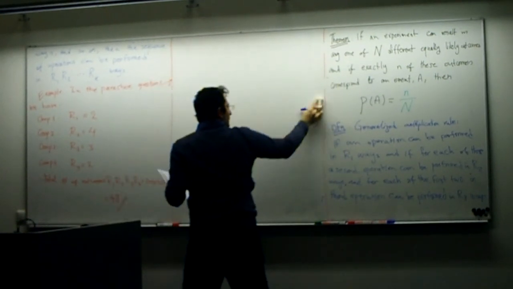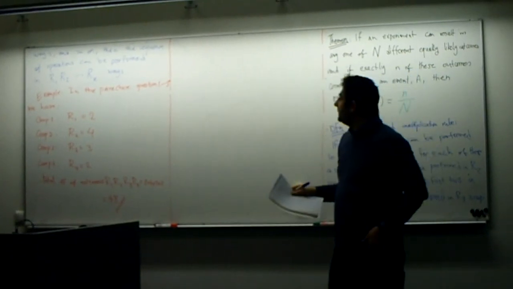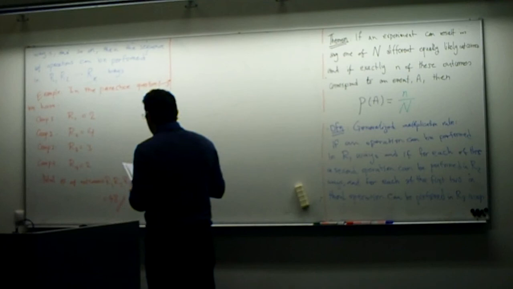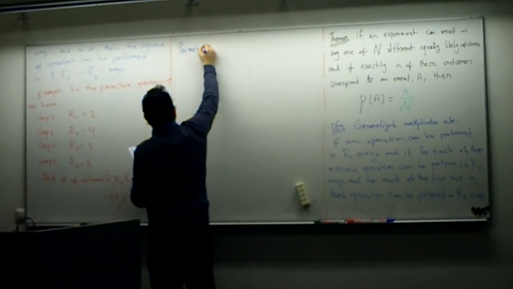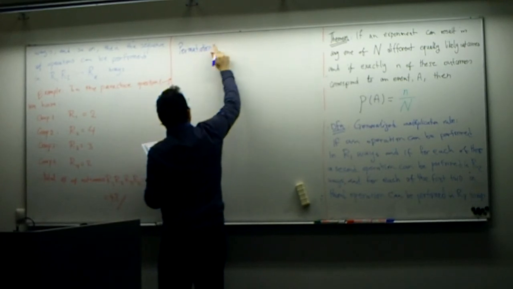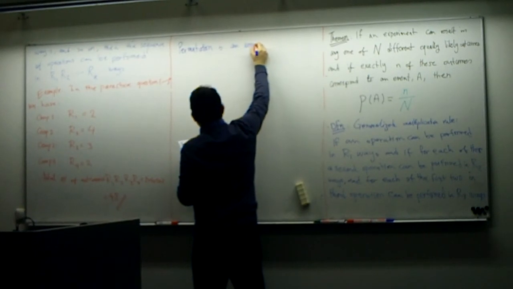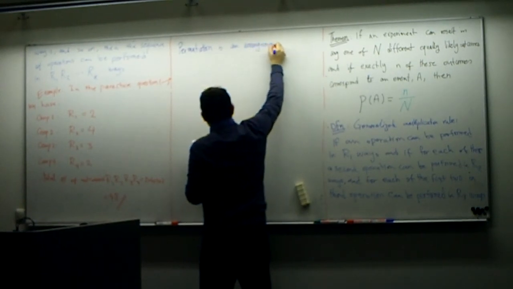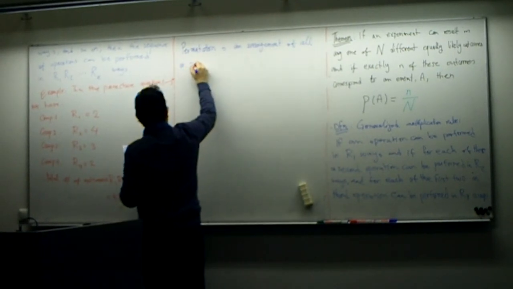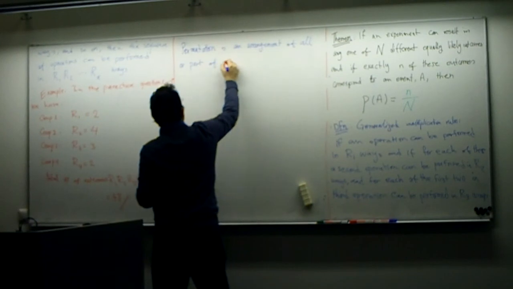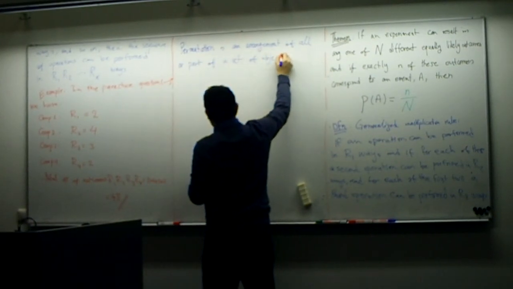Now, we want to talk about permutation and combination, which you might know from high school. A permutation is an arrangement of all or part of a set of objects.